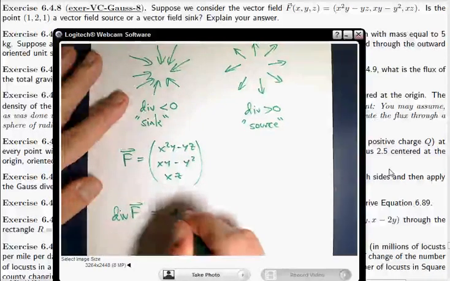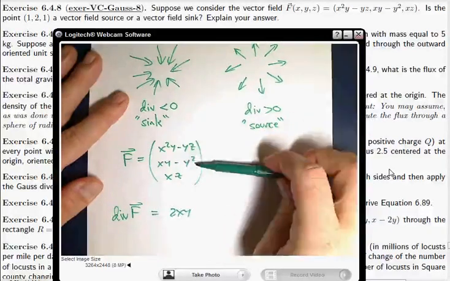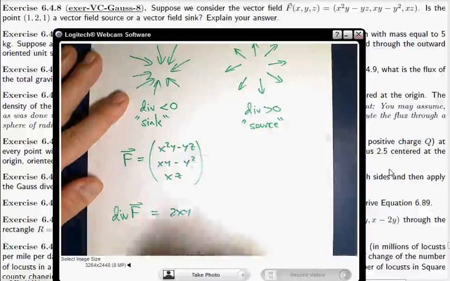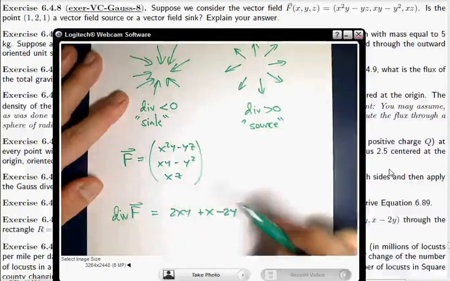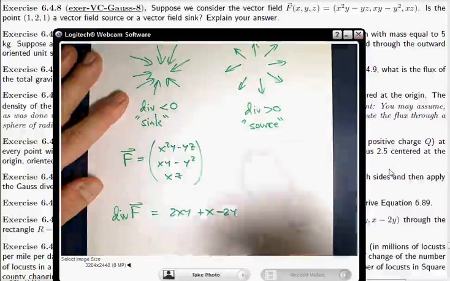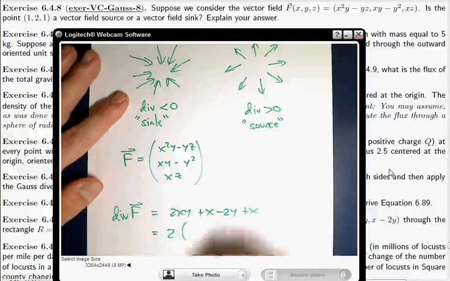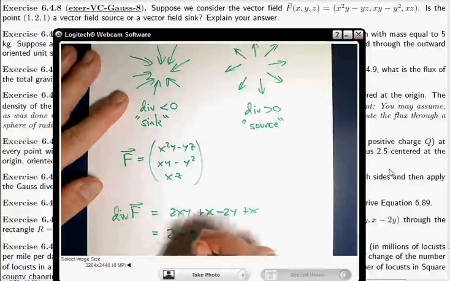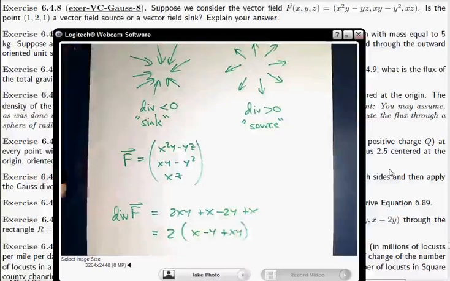Well, it's 2xy, that's the x partial of this guy. And then I've got to take the y partial of that, which is x minus 2y. And then plus the z partial of that, which is x. And altogether I have 2 times x minus y plus xy. There's our formula for divergence.